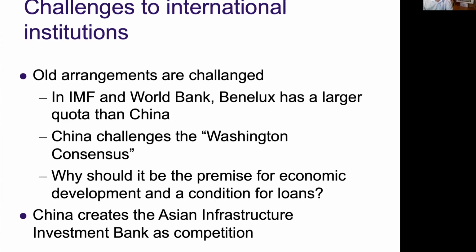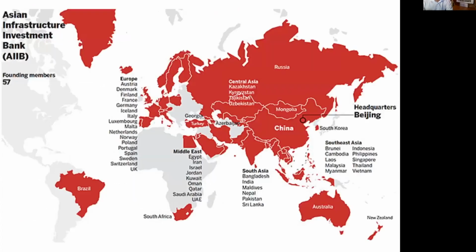In this way, we can see as one of the key examples the Asian Infrastructure Investment Bank, which is one of the organizations created by China in order to create a competition towards other Western organizations. One is the Asian Development Bank, but of course also the International Monetary Fund.